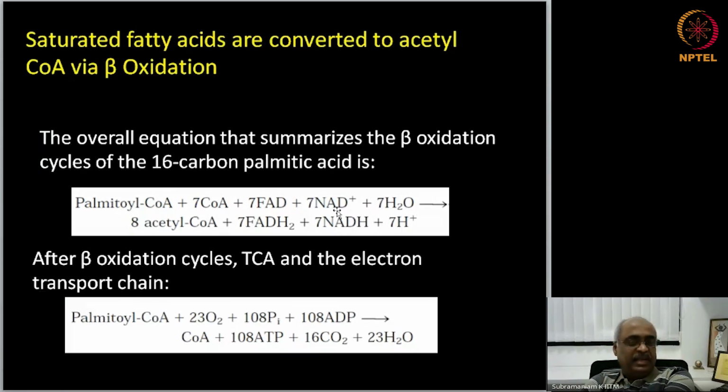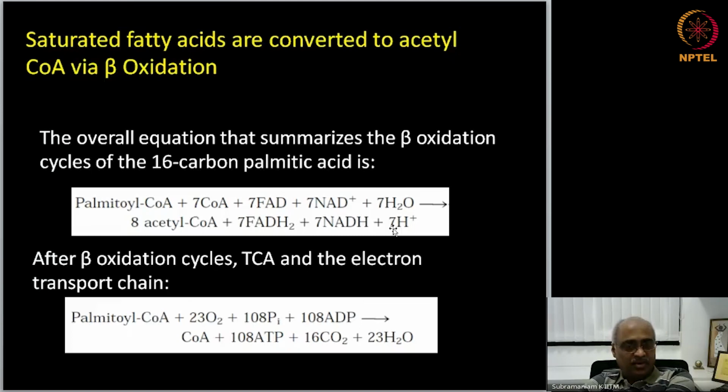But at the end of the entire oxidation, the acetyl-CoA produced here enters the TCA cycle, and then the electrons flow through the electron transport chain from these reducing equivalents produced here, conserved in FADH2 and NADH.